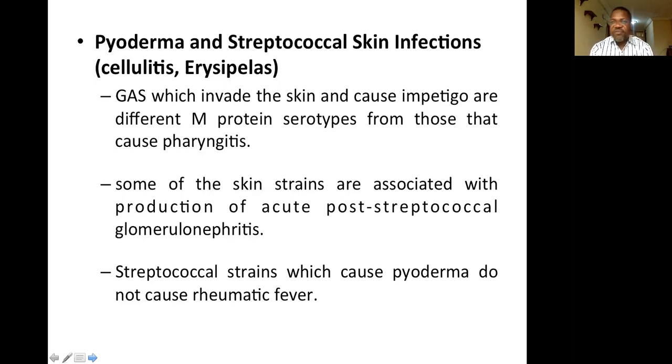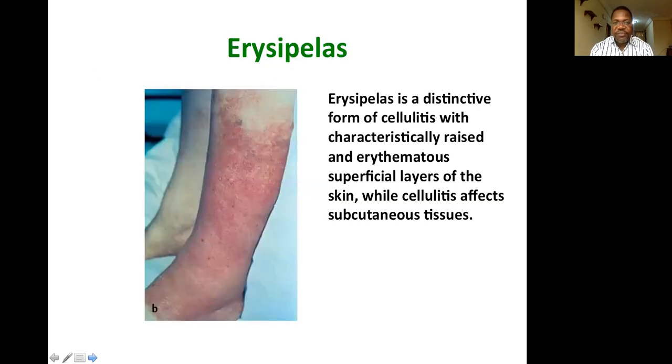But those who develop rheumatic fever, if you look in the history, you will see that they had pharyngitis. So those are different strains and they are associated with different complications.